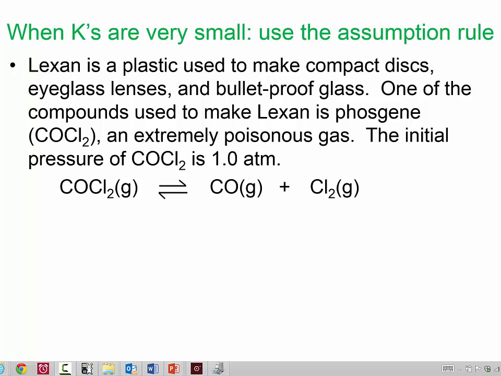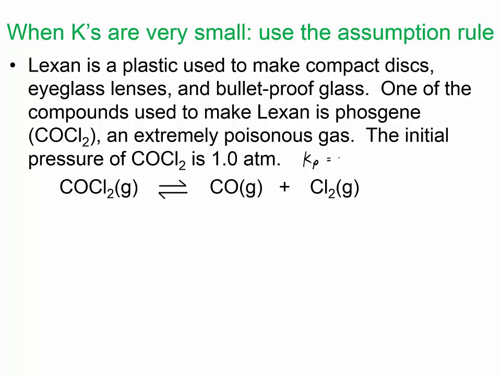And the equilibrium constant is 6.8 times 10 to the negative ninth. So we're gonna set up our ICE table as usual, and I'll show you the significance of this number.